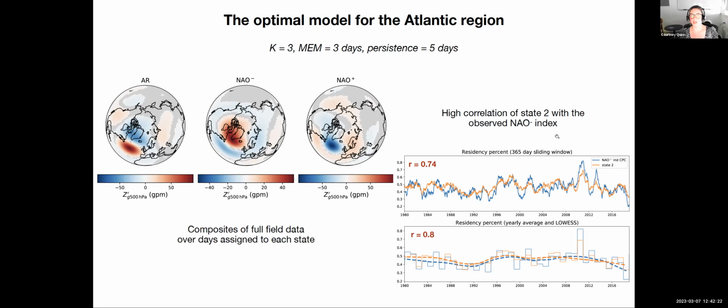So we're pretty confident that this is capturing at least the days when the NAO is in its negative state. These are just looking at the affiliations in that given cluster state, which is how we calculated this along with the NAO index. And so those are our 3 main patterns.